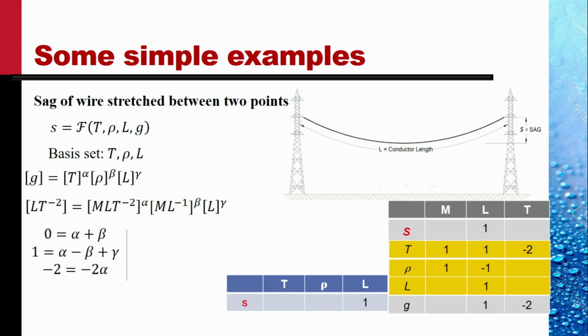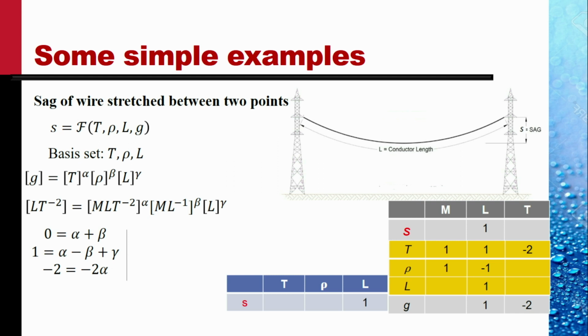Then for equating the dimension of length, on the left hand side length has dimension 1. On the right hand side, in the first factor, L has a dimension alpha. In the second factor, L has a dimension minus beta. And in the third, it has a dimension plus gamma. So 1 should be alpha minus beta plus gamma.